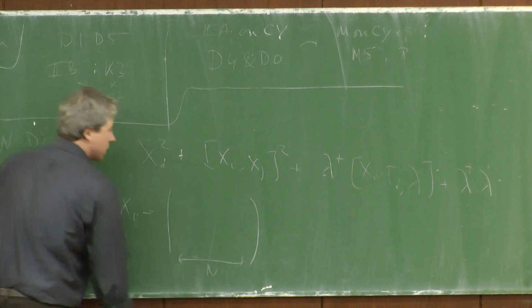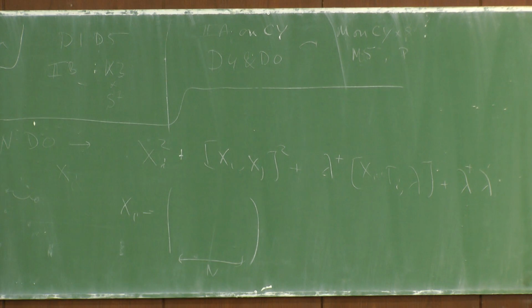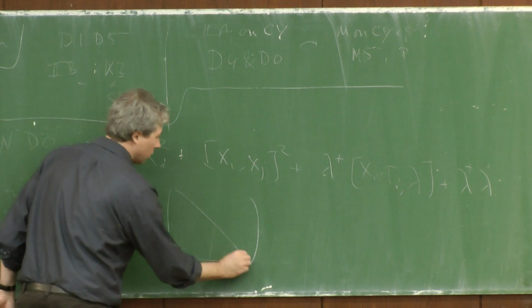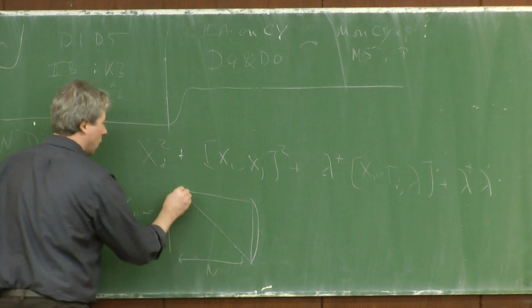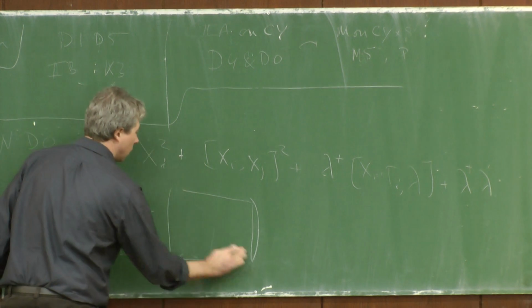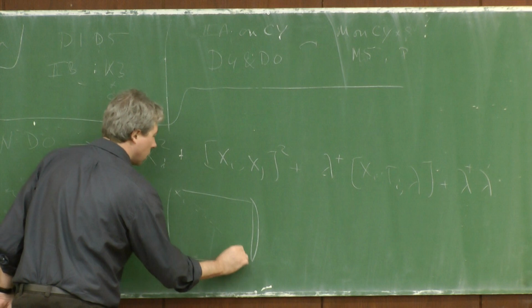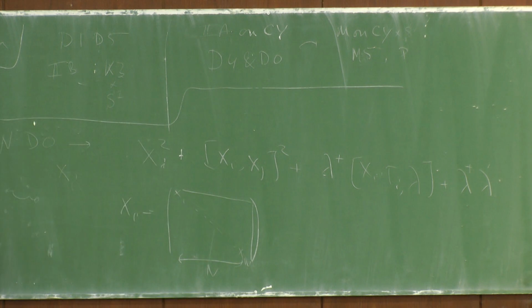So this is an n-dimensional matrix. And then the strings that stretch between different D-branes are describing the off-diagonal modes. Well, what's on the diagonal you can think about as associated to the strings that go to the same D-brane, and they are describing the coordinates of the individual D0 branes.